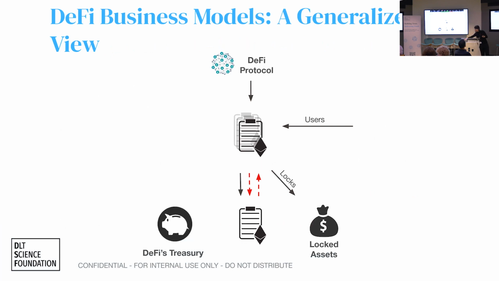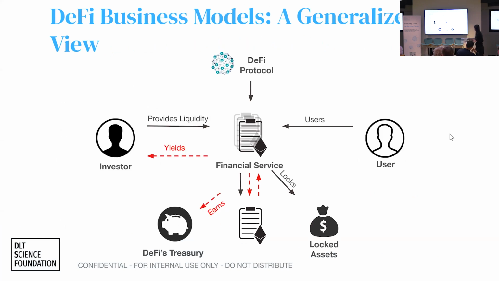So now let's dive a bit deeper into exactly how each of these protocols function and how they make money. The first one we have is a generalized model for all DeFi protocols, and later on we'll look at the specific revenue models of different DeFi categories.